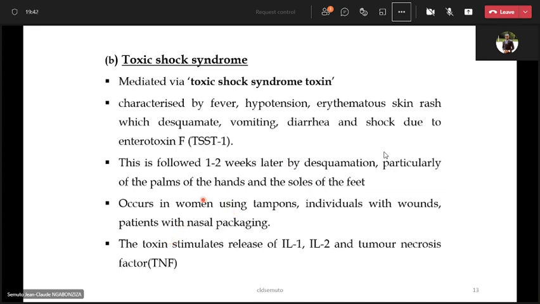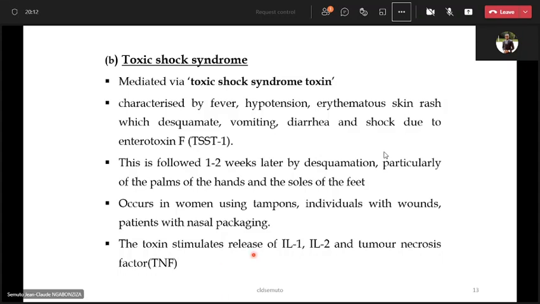It occurs mostly in women using tampons, sometimes individuals with wounds, or patients with nasal packing, which can allow bacteria to colonize and produce this toxin.